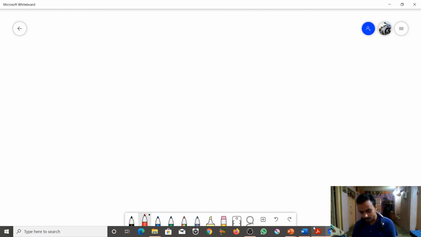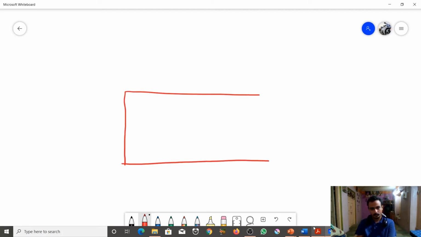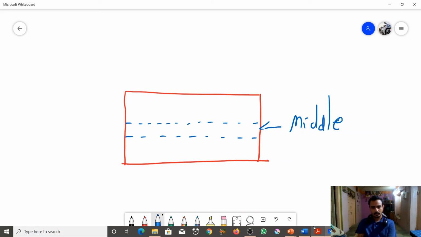So edge strip looks like this. See here, it's your slab. At the middle, we assume a 1 meter strip. This is called the middle strip.